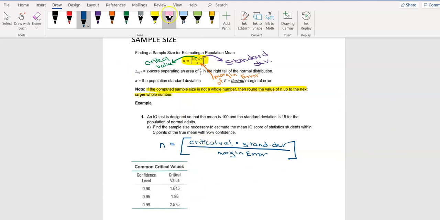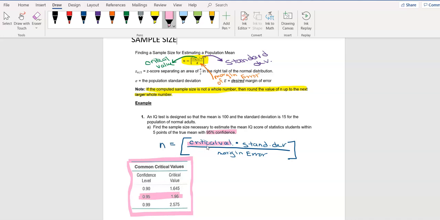The critical value is going to come from that chart that you have again at the bottom of your z-scores. What you're going to use to know which value to use is the 95% confidence in your question. That 95% confidence level is going to tell you what critical value to use.